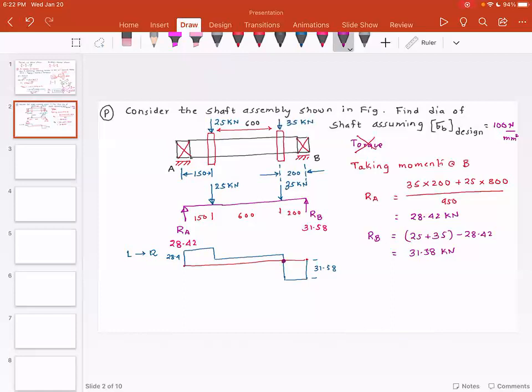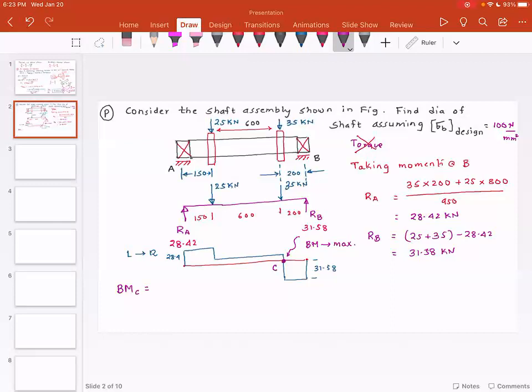Please note, this is the location where the bending moment is going to be maximum. So I'm going to call this point C. So I need to find out the bending moment at point C.